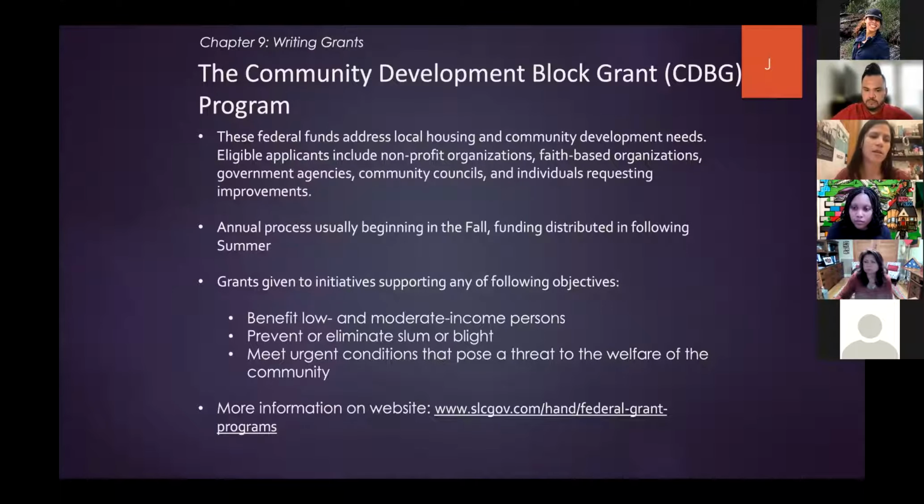So Evis, the only thing I would add to that is that municipalities, entitlement cities, are the only ones that receive the money. So they have to have a population of more than 50,000 to receive that funding.